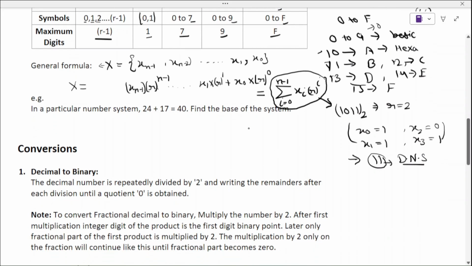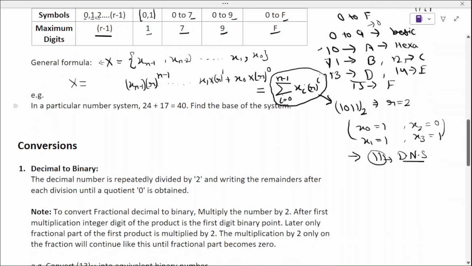Okay, let's take another example. In a particular number system, 24 plus 17 equals 40. Find the base of the system. We don't know the base of the system. So in a particular number system, 24 plus 17 is 40. In the decimal number system 24 plus 17 is 41, but here it is 40.